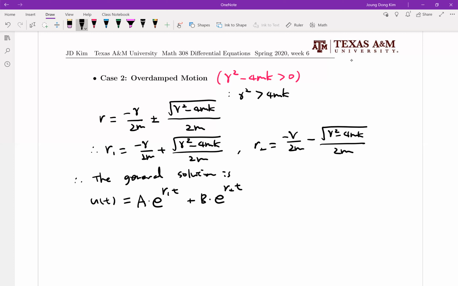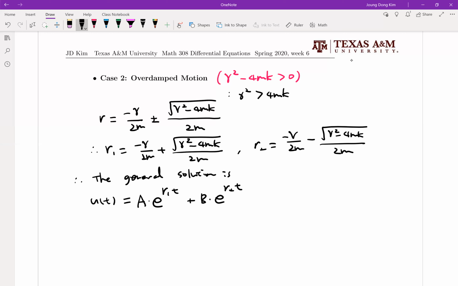But keep that in mind, your r1 and r2 are negatives. Do you see what I'm saying? Can you verify this one?